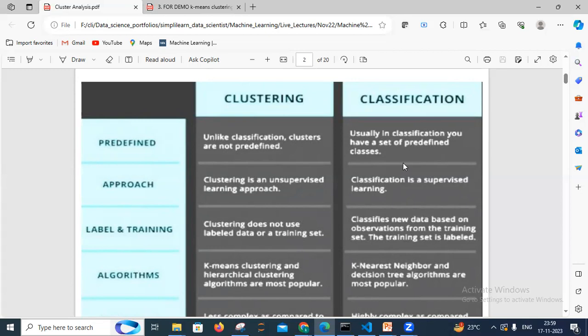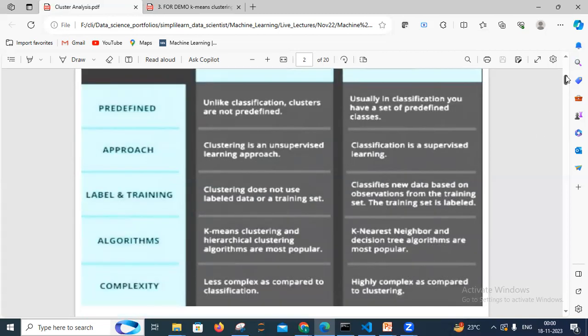But in clustering there is no predefined class, because clustering is a use case of the unsupervised machine learning approach, and classification is a use case of supervised learning. So in classification there are predefined classes, but in clustering no predefined classes are present, okay?